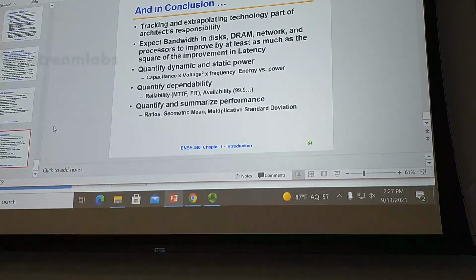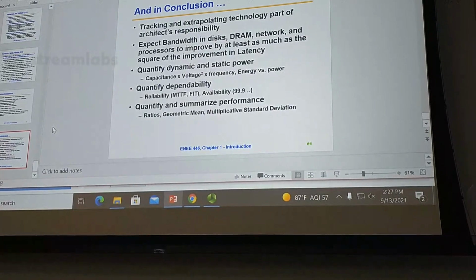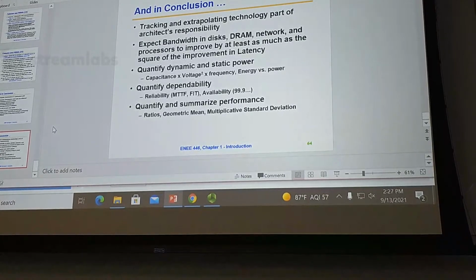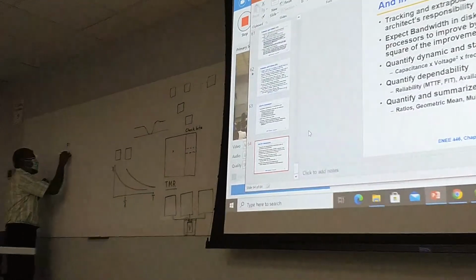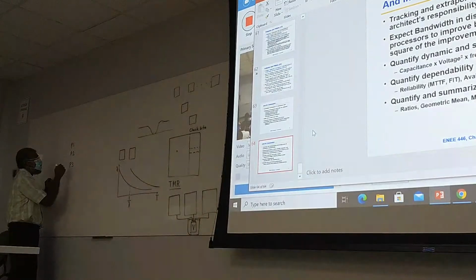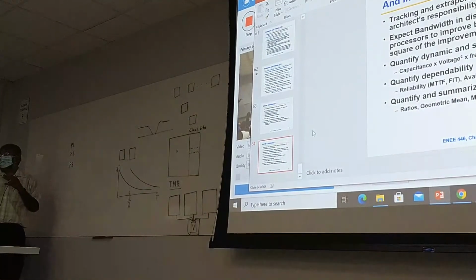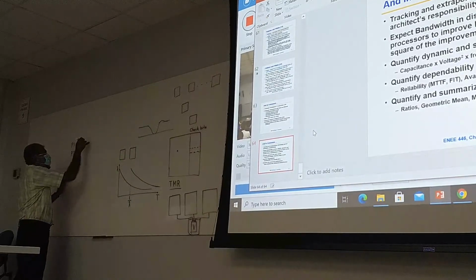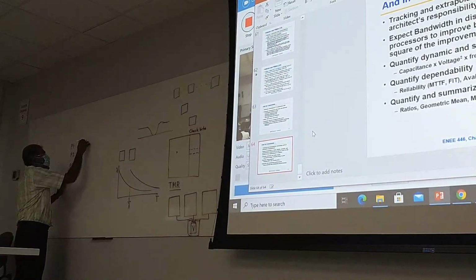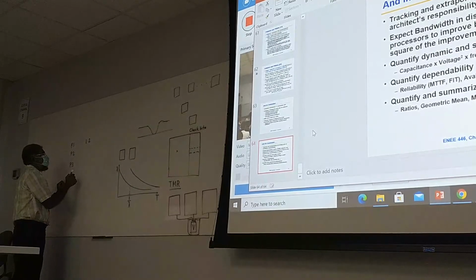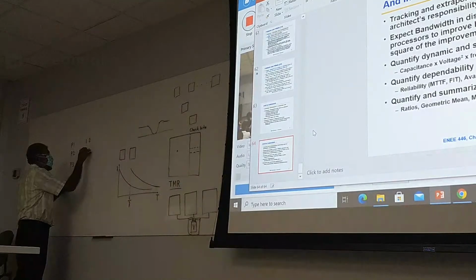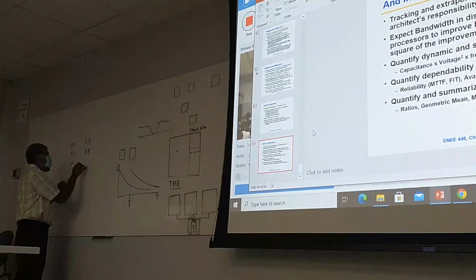Mainly when you have ratios, let's say we have 3 programs, 1, 2, 3, and the performance comparison of 2 systems. Let's say this one was 1.2, this is 0.8, and this was 10.